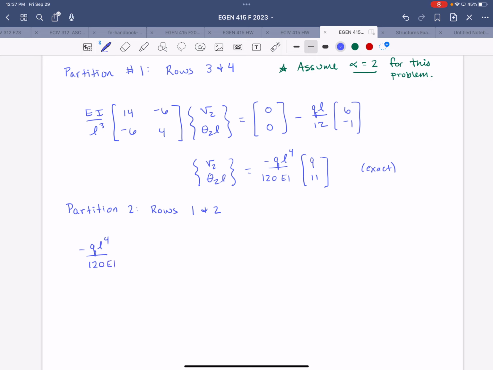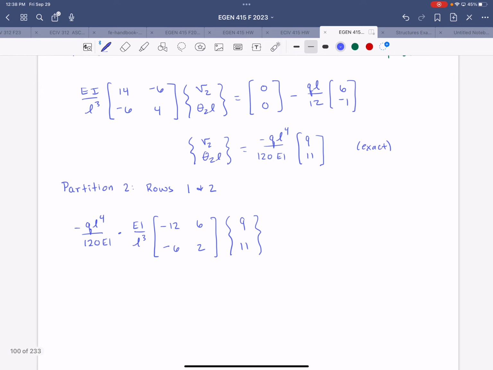So we have QL to the fourth over 120 EI times EI over L cubed, and our second partition is the first two rows of columns 3 and 4: negative 12, negative 6, 6 and 2. And then we have 9 and 11 for the rest of our displacements. That's equal to the unknown reaction forces, F1 and M1 over L, minus QL times 6 and 1.